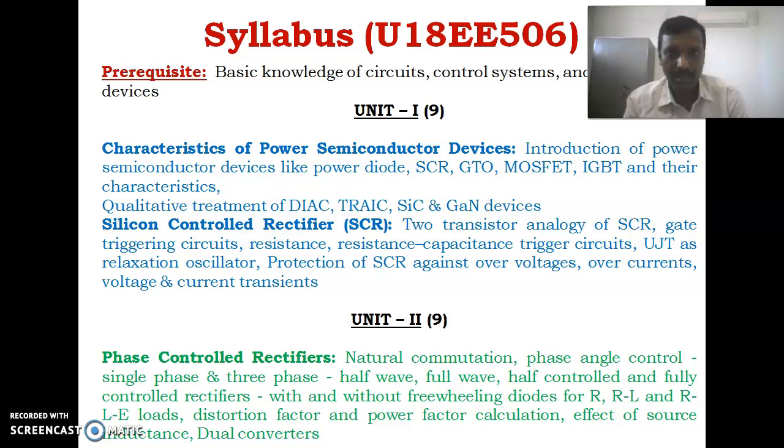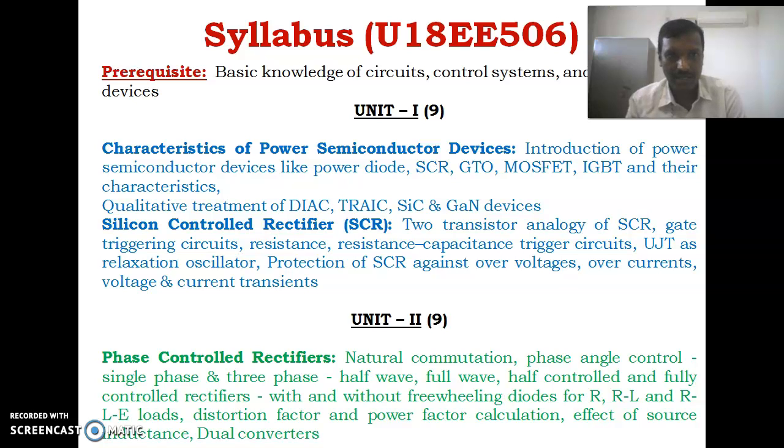Coming to unit 1, it has a total of 9 sessions. In these sessions I am going to deal with the categories of power semiconductor devices like power diode, silicon controlled rectifier, gate turn-off thyristors, MOSFETs, and IGBT, the insulated gate bipolar transistor, and their characteristics. In addition, I will deal with some industrial application devices: diac, triac, silicon carbide, and gallium nitride devices.